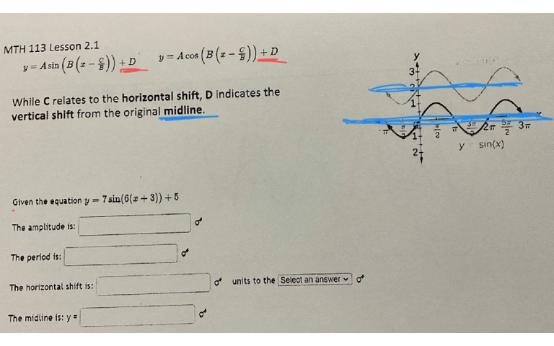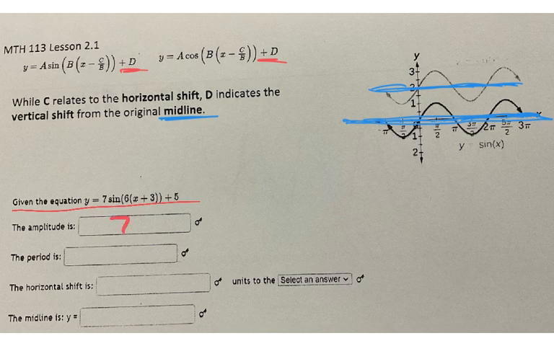So looking at this equation, is this in the form that I like for it to be in? Yes. What do I mean by that? The B value here is already factored out. That's the main thing you need to look at. So this is in a good form, so I can go ahead and identify all of these things. What would be the amplitude? 7.